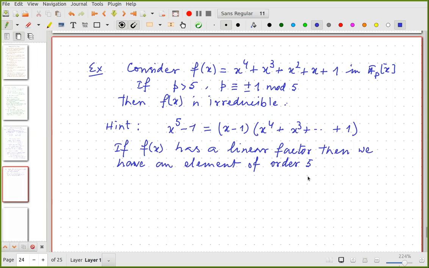So if it has a linear factor, then this relation with this equality is going to give you an element of order 5.